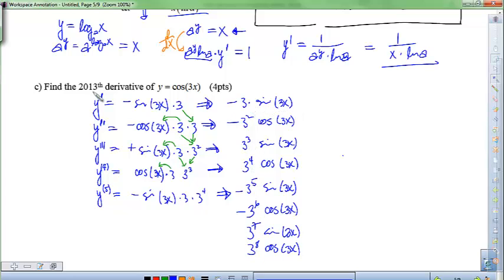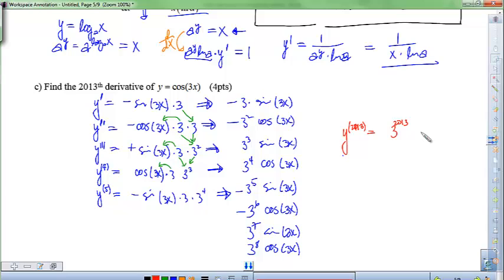So it looks like the 2013th derivative of y is equal to, I don't know if it's a plus or a minus yet, but we'll figure that out in a minute. We know that this is going to be 3 to the 2013.